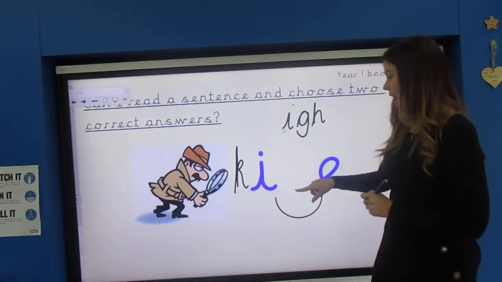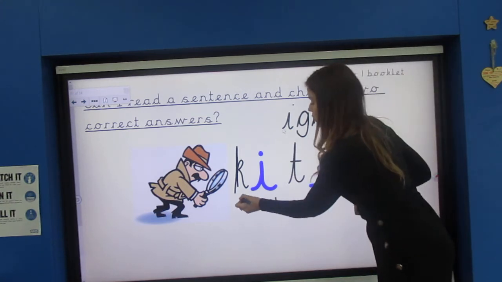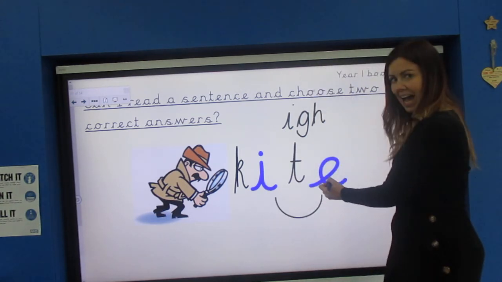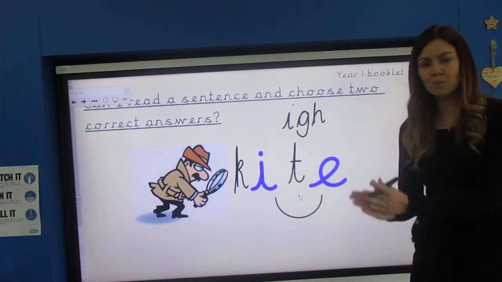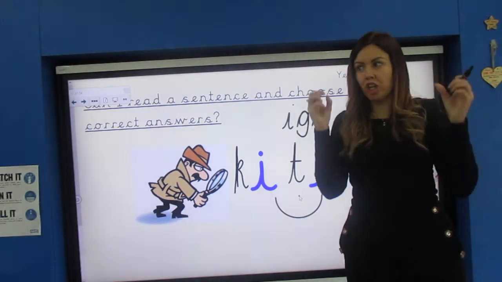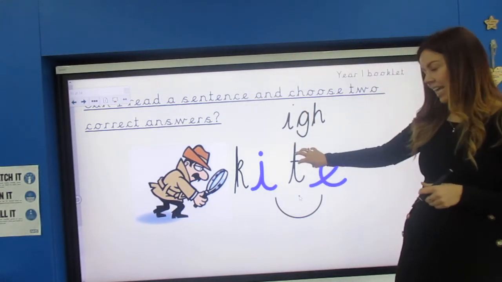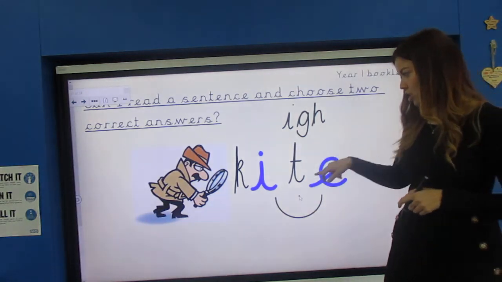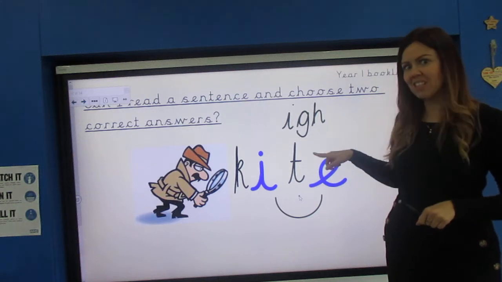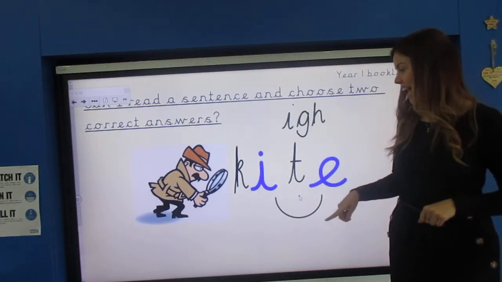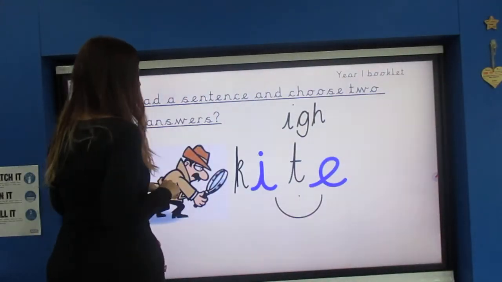Okay, so K, I, T. So it goes K, around for I, T, kite. So those split digraphs cushion another letter. They give him a cuddle in the middle. So you'll always find a letter in the middle of the split digraph. So you've got kite, kite. Okay, so there's one that I've spotted that's in your booklet today, and now you'll know what that sound is, won't you?